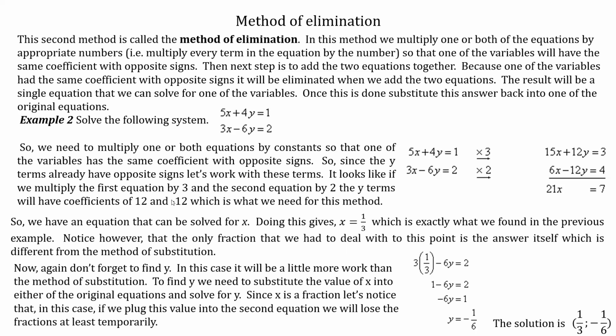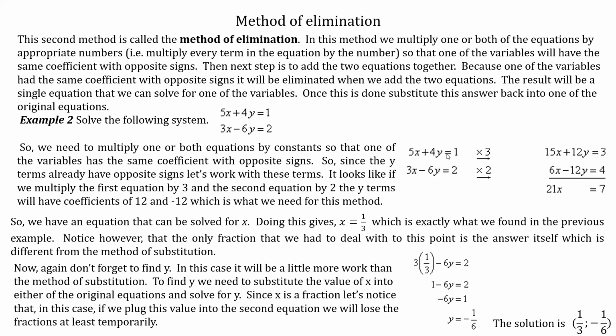For this, we multiply the first equation by 3 and the second equation by 2. We multiply each term of the first equation and each term of the second equation by these numbers.